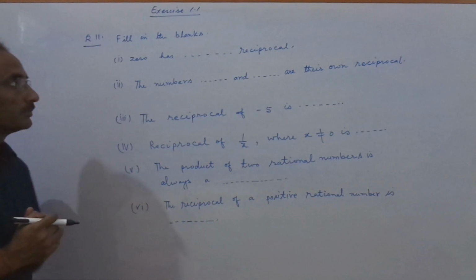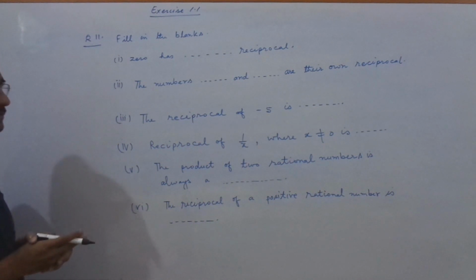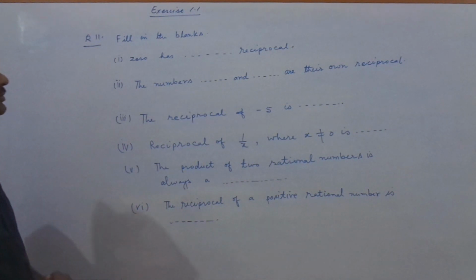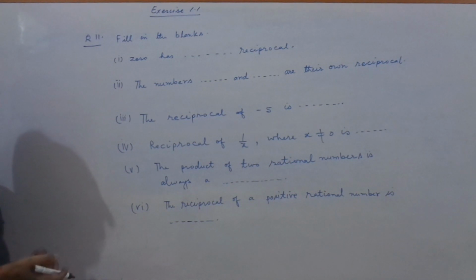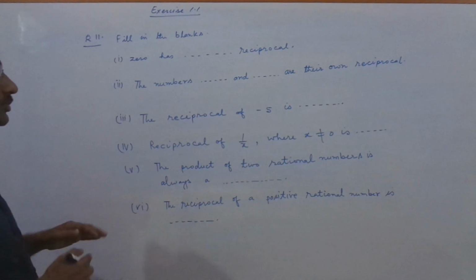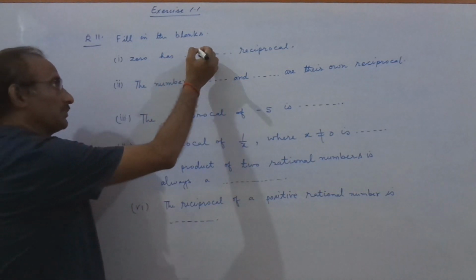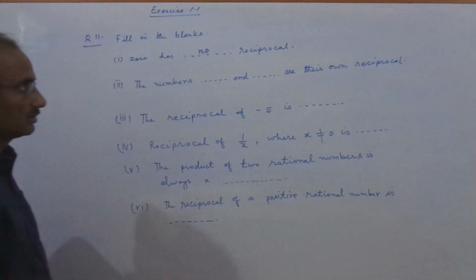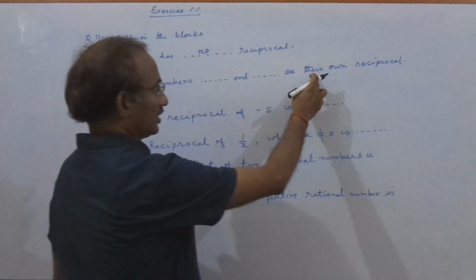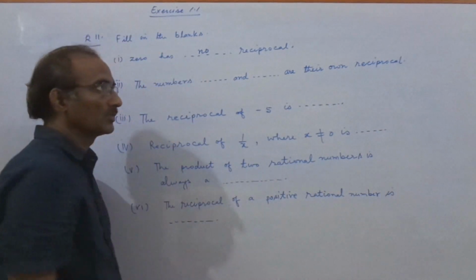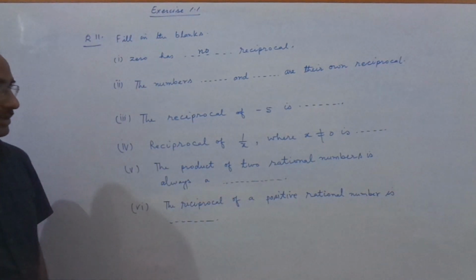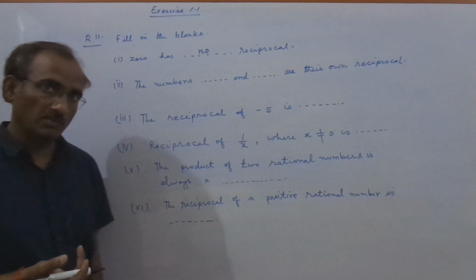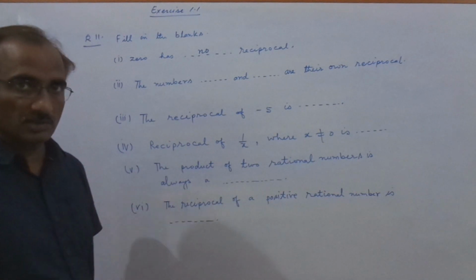Fill in the blanks. 0 has no reciprocal. So here we fill no. The numbers 1 and minus 1 are their own reciprocal. 1 is reciprocal of 1 and minus 1 is the reciprocal of minus 1.